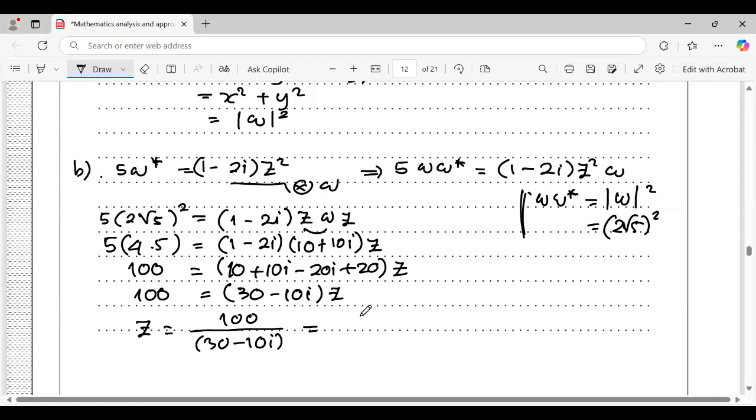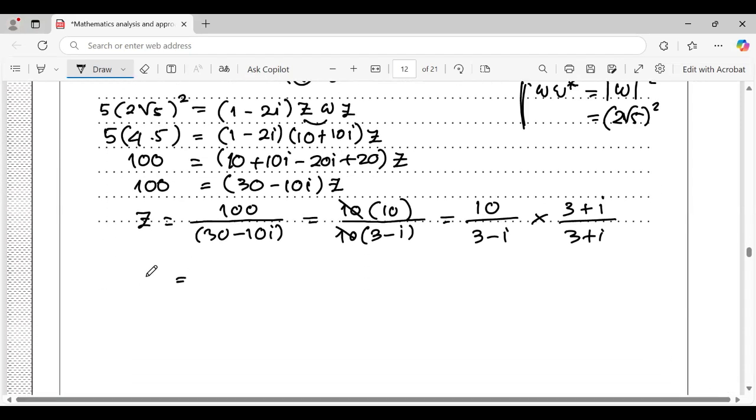After that, factorize. This is 10 times 10, over 10 times 3 minus I, which equals 10 over 3 minus I. Multiply by 3 plus I over 3 plus I. Z equals 10 times 3 plus I over 9 plus 1.